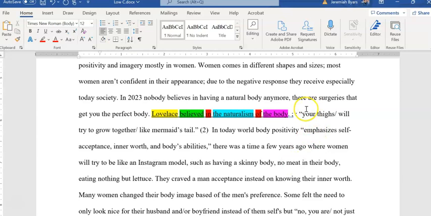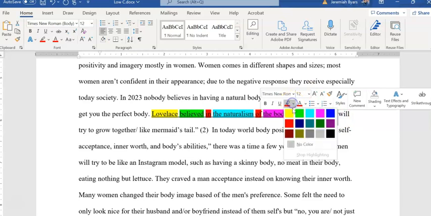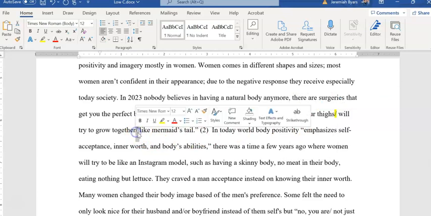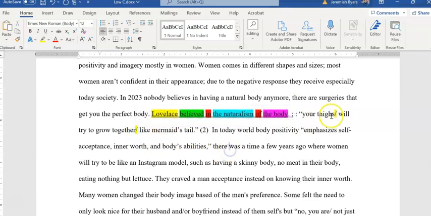Then we have this quote: quotation mark, your thighs, slash, will try to grow together, slash, like a mermaid's tail. These are 3 different lines because, as we just discussed previously, the slash indicates a line break. So there's 3 of them.